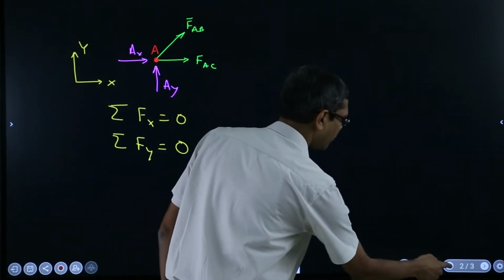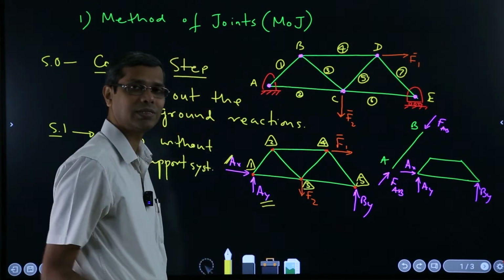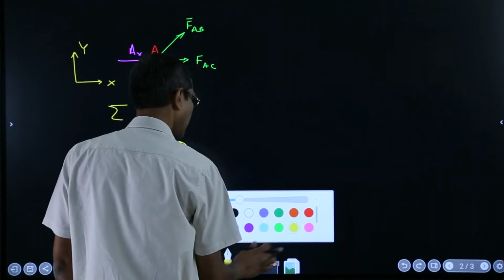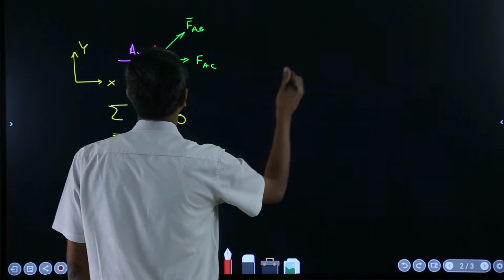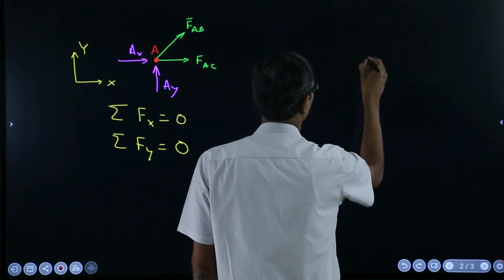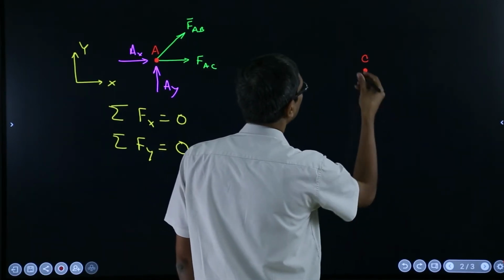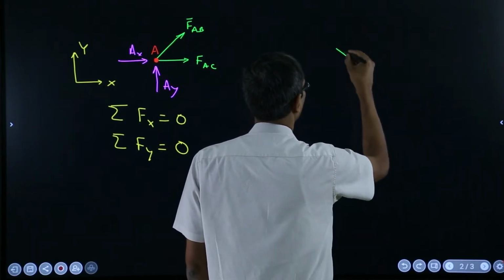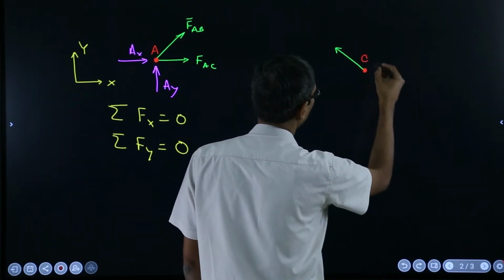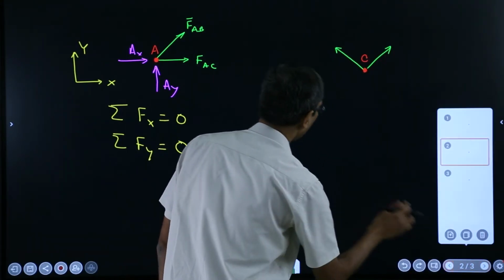And what happens if I pick a point, say this is point C. Suppose I pick point C to start with, what problem will I get? Suppose I choose the point C here, right, for its equilibrium. Now here one force will be there from BC, and from here one force will be there.